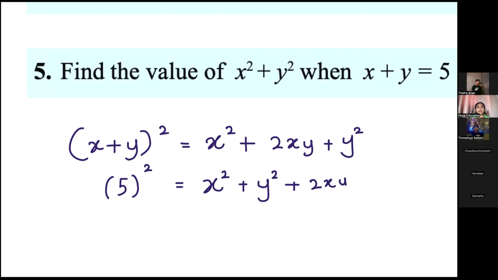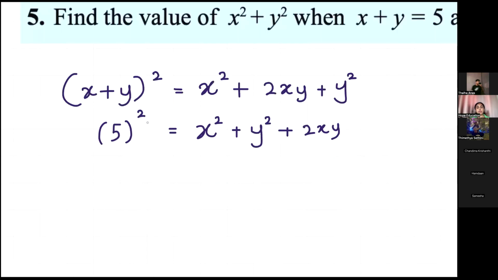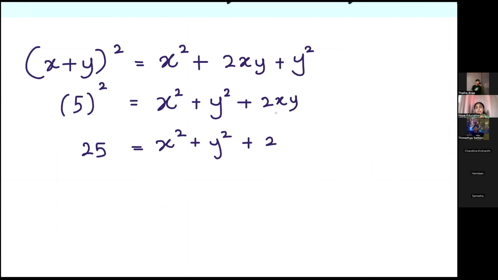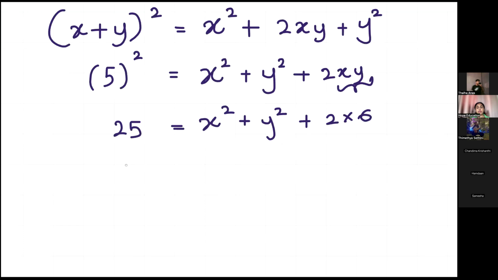So here 5 squared is 25 equals x squared plus y squared, which we don't know. That is what they're asking us. Plus 2 times xy, but xy is 6, no? Here, instead of xy, I can write 6. So 25 equals x squared plus y squared plus 2 times 6, which is 12.